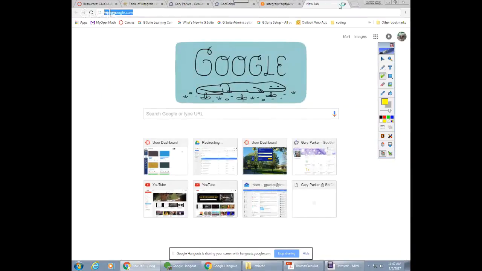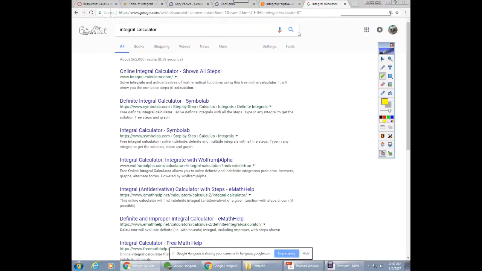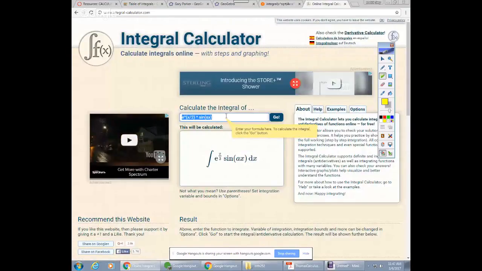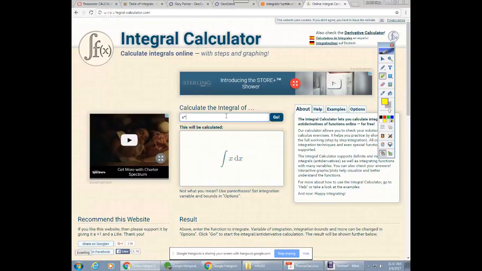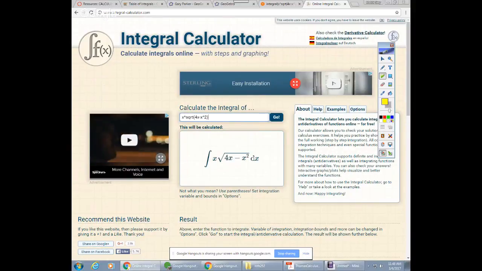Integral calculator. I have not seen this one. Integralcalculator.com. All right, and it just wants the integrand. So we're going to give it x times the square root of 4x minus x squared. Oh, look, it makes a pretty version on the fly.